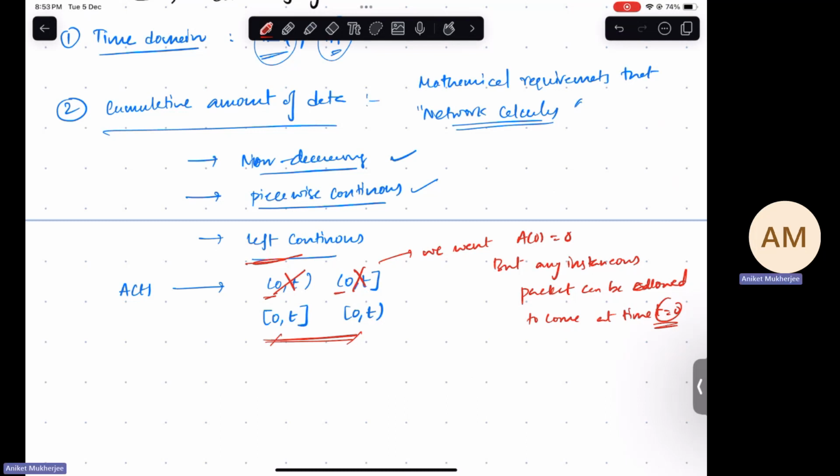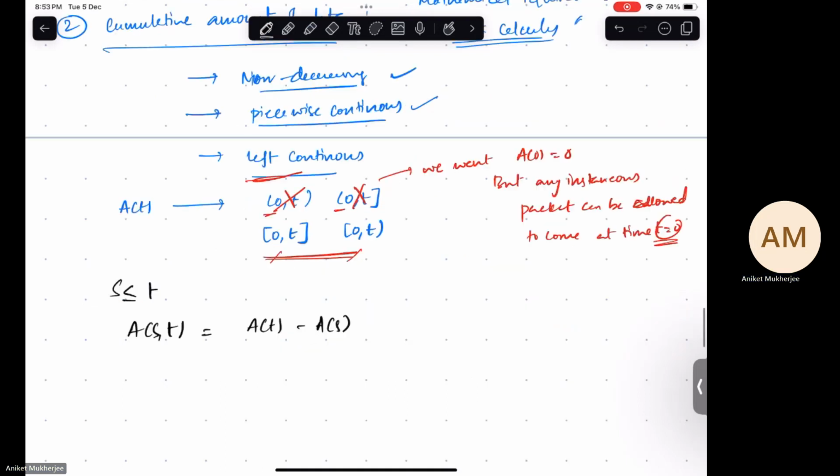So basically, to select between these two, we want to go back to what we are interested in. For any s less than or equal to t, we are interested in the total amount of packets that have come between s and t. This you can give by A(t) minus A(s). This is what we want, right?